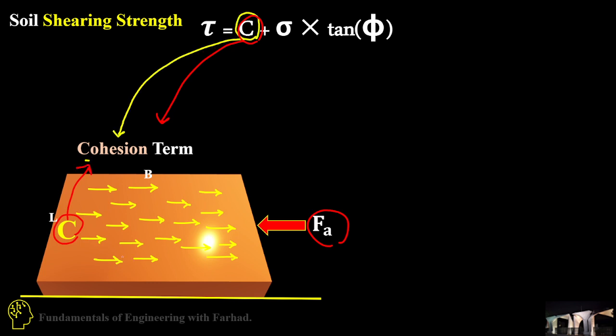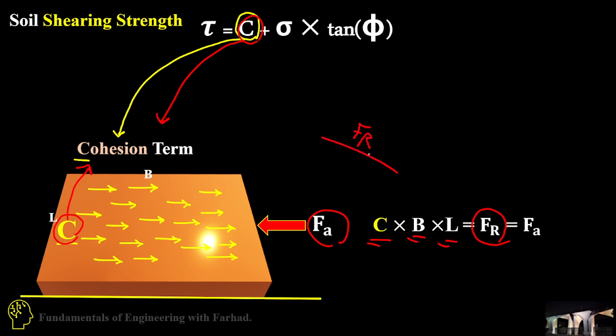Then you apply that cohesion to the area B times L. It is the resistance force, and force over the area is a kind of stress, a shearing stress, which again is tau equal to the cohesiveness of the soil.